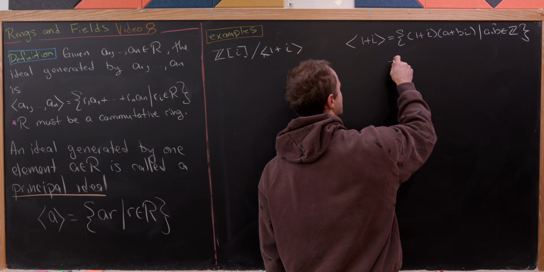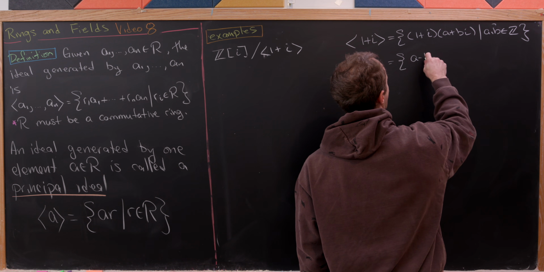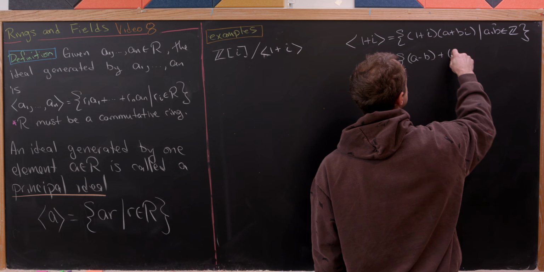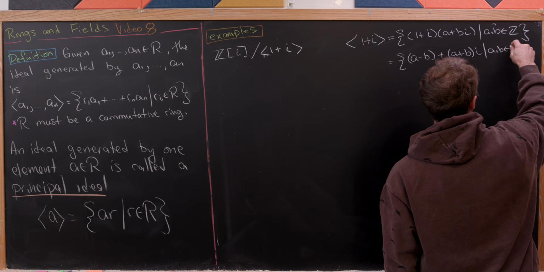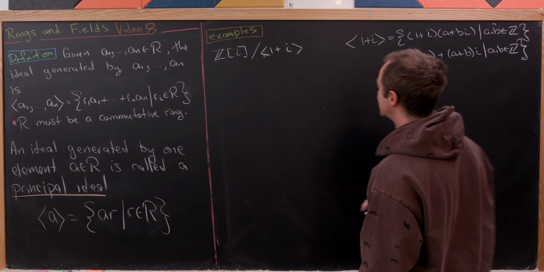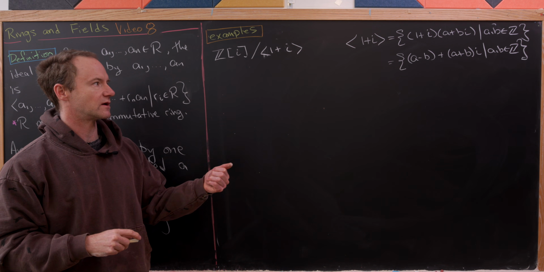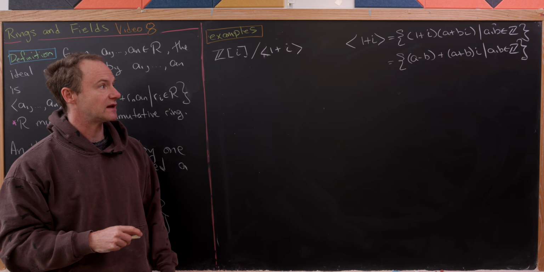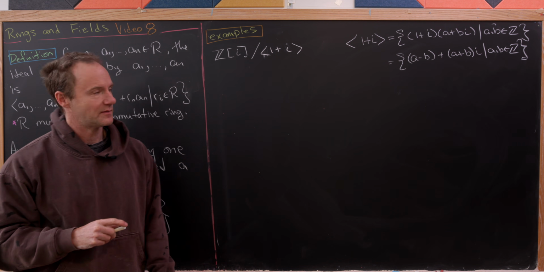But now I could multiply this out if I wanted to, and let's observe that we're going to get (a minus b) plus (a plus b) times i, where a and b are in Z. So that's the shape of this ideal, in this kind of weird relationship between the real parts and the imaginary parts of our elements.